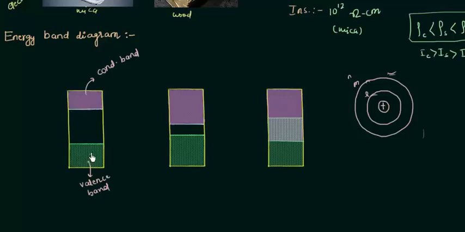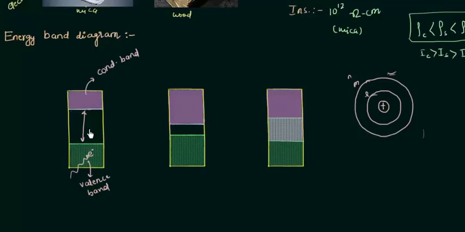So if an electron is present in the valence band, we have to move this electron to the conduction band. And how are we going to do that? The only way to do that is to give this electron some energy, and the amount of energy that we have to give this electron must be equal to this gap. We call this the energy band gap, or the forbidden band gap.